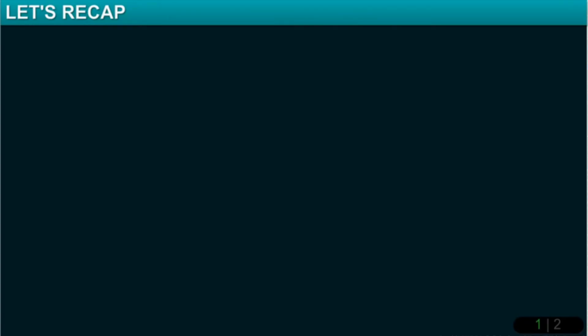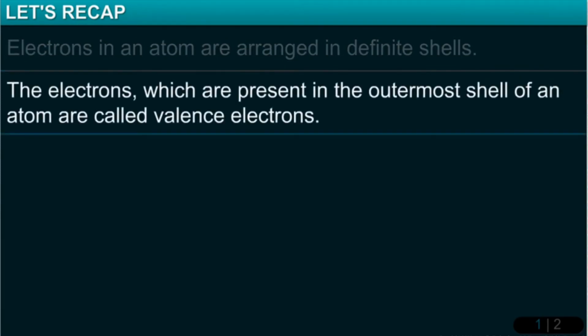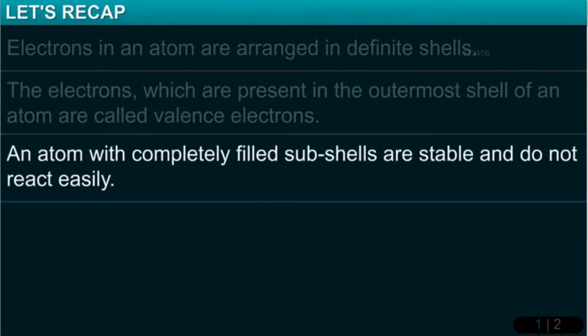In this module, you have learnt that electrons in an atom are arranged in definite shells. The electrons which are present in the outermost shell of an atom are called valence electrons. An atom with completely filled subshells are stable and do not react easily.